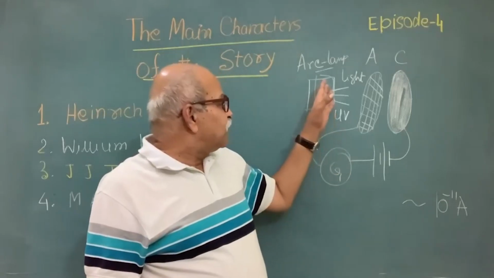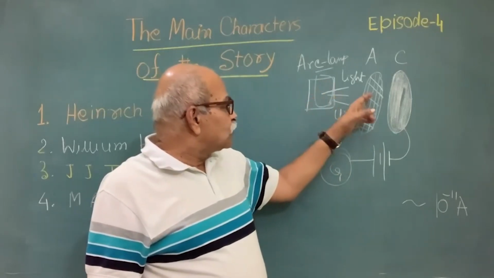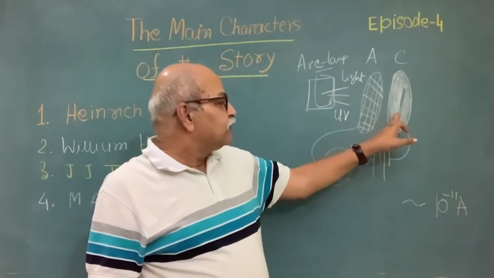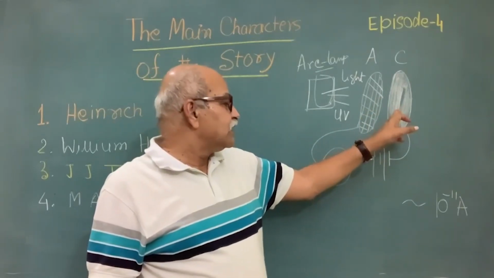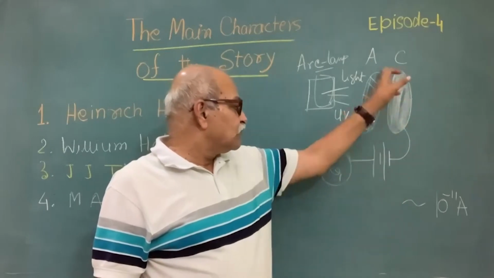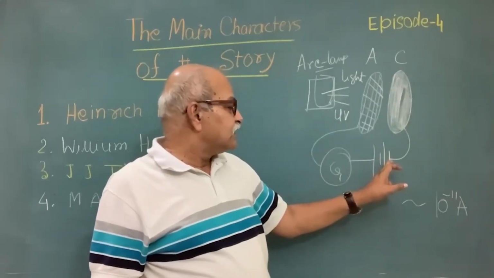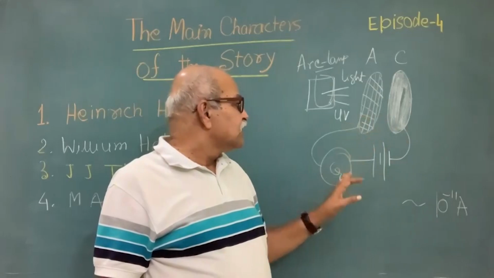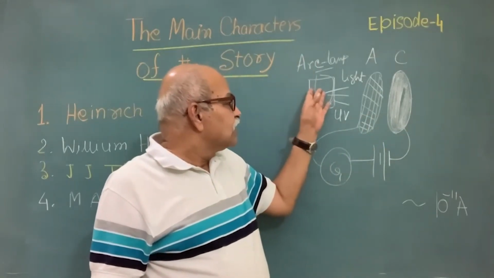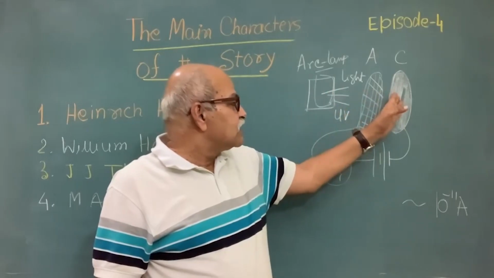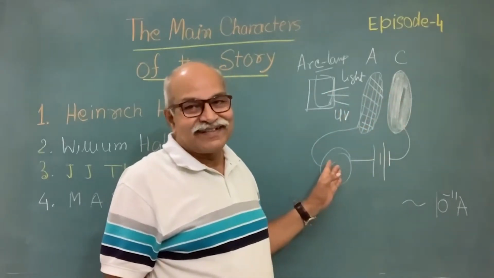What he finds is that this light goes through these gaps and falls on this metal, on the solid disc, which is the cathode, placed at a negative potential with respect to this. And when the arc shines and the light falls on this, you have a current.